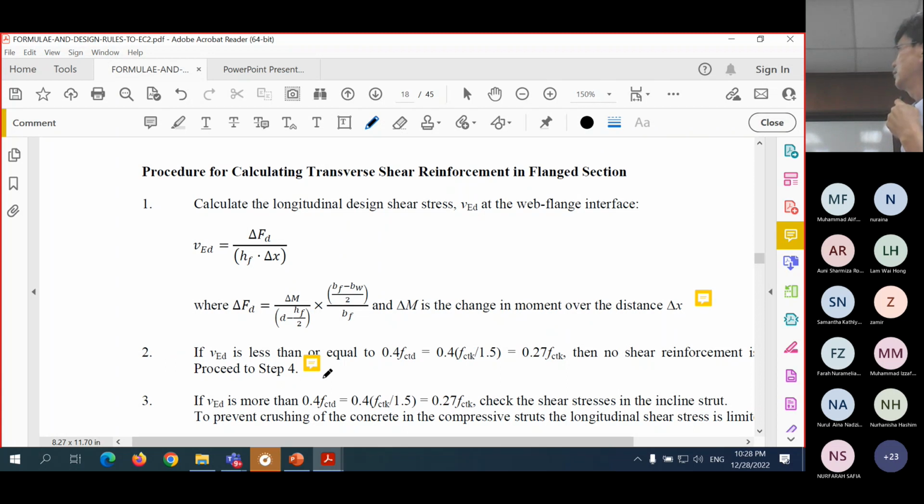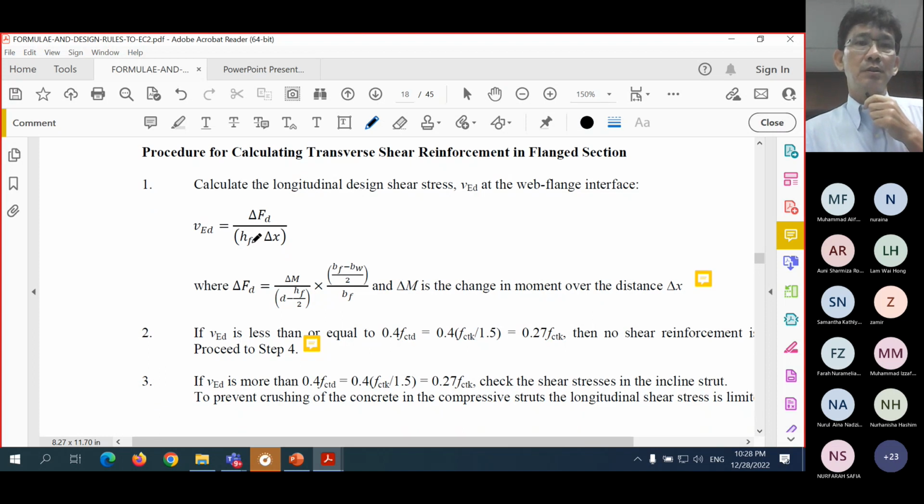First, you calculate VED, which is this equation. What is delta FD? What is hf? hf is the thickness of the flange. And what is delta x? Delta x is explained later. So you have to calculate VED first, which is the design shear stress.